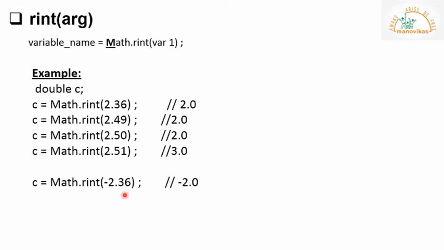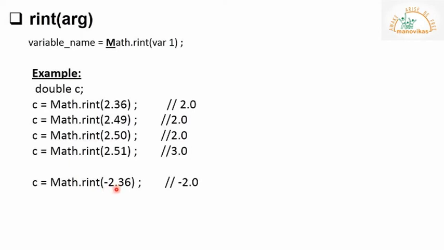Now this 0.36 is less than 0.5. When it is not more than 0.5, the higher integer will be taken. So on the negative side of the number line, minus 2 is bigger.